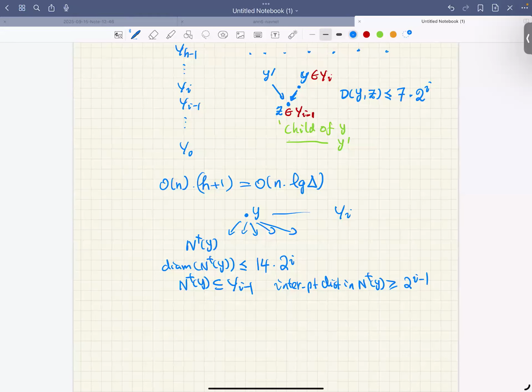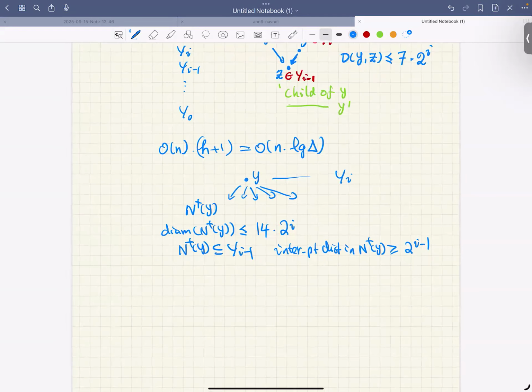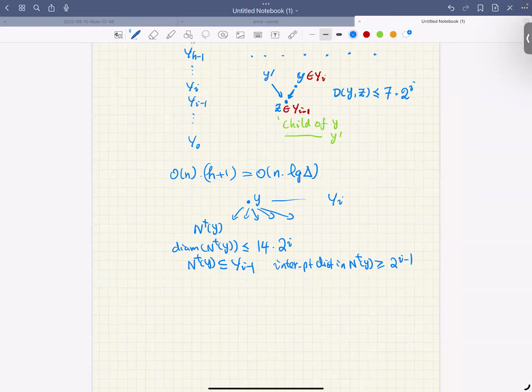This is a worst case bound in theory. Hopefully, in practice, you will see something less than that. But anyway, when lambda is a constant, the number of children is a constant. So this proves the space bound.